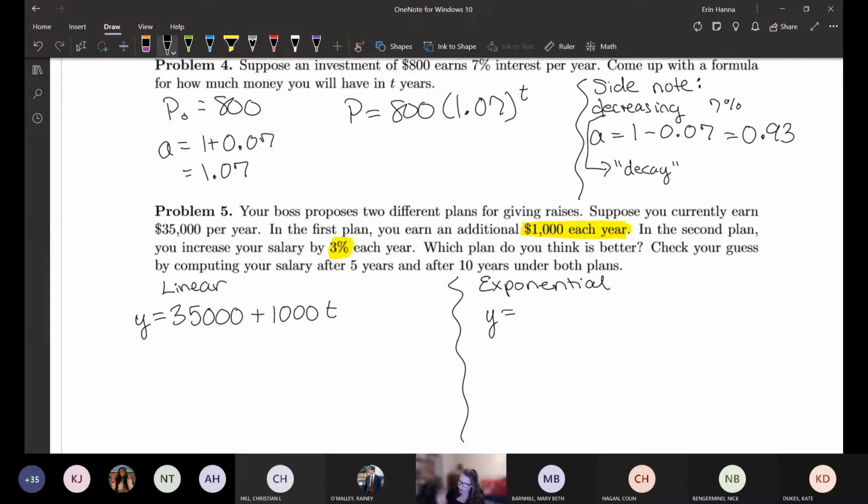Our initial value would be that 35,000, and here that 3% would be our R value. So our A value would be 1 plus that, so 1.03. Just to make it super clear where that 1.03 comes from.